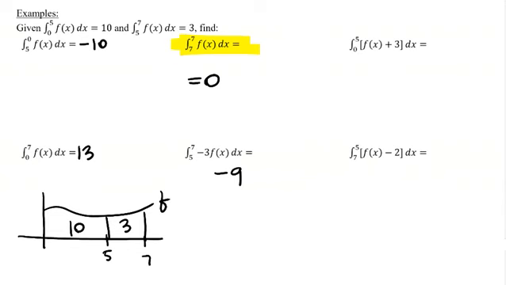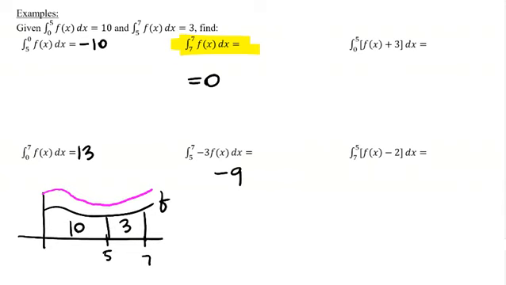Now these up here, I'm going to just show you this the once. If we did f of x plus 3, and I'll color that in pink, I'll attempt to. Really what's going to happen is it's going to be the same, except there's going to be a little rectangle with height 3 underneath.